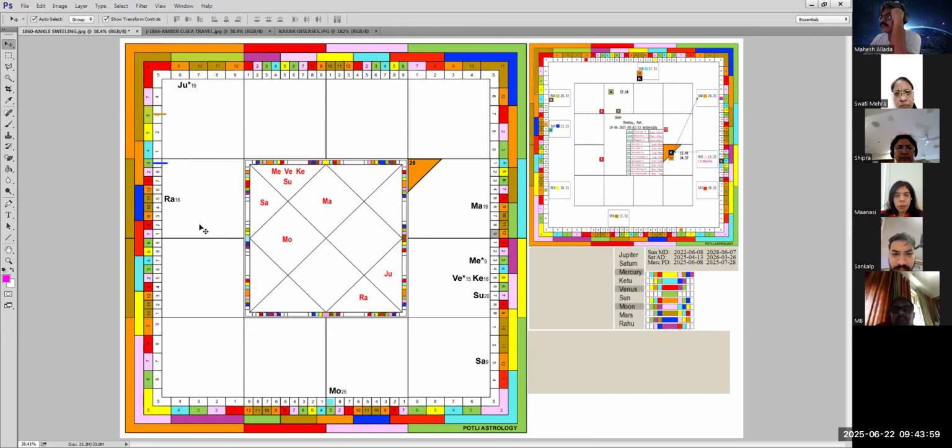Put your hand up. Okay, pay attention. This is the position of natal Rahu, correct? This is the position of natal Moon, which is the ascendant Lord, correct?